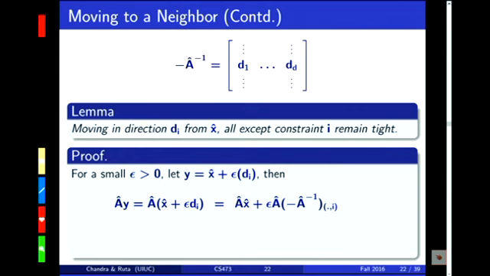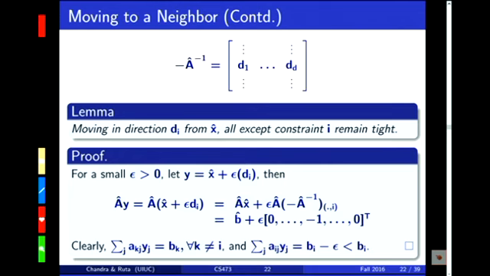So this quantity is exactly just zeros, minus 1 at the ith coordinate, and 0. And so you are just subtracting something from the ith coordinate of B, and the rest of the coordinates remain the same. So you're keeping all the constraints which are not i tight and relaxing just the ith constraint. Relaxing, why relaxing? Because Bi minus epsilon will be strictly less than Bi.